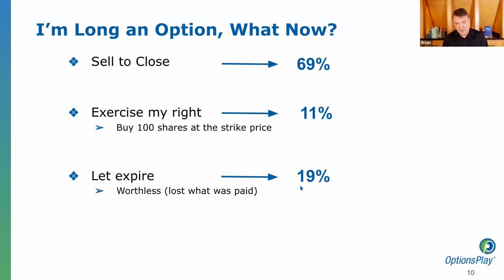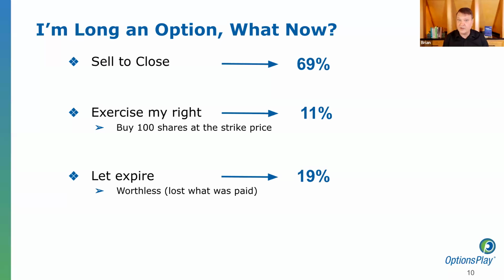Now, about 20%, and we'll call it 19%, I'll use the real numbers, 19% of the time, they let that option expire worthless. Now, you've got to realize there are a lot of people out there that want option contracts to expire worthless. Covered call writers, for example, which is probably the most popular option strategy that I've ever noticed. I know a lot of covered call writers that have never bought an option contract, and they're doing it just to try to bring in income.